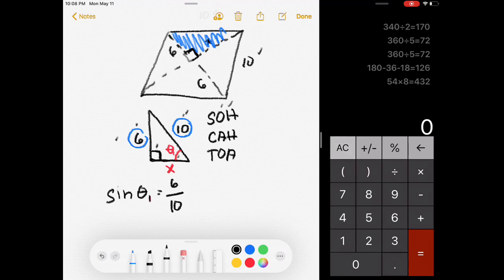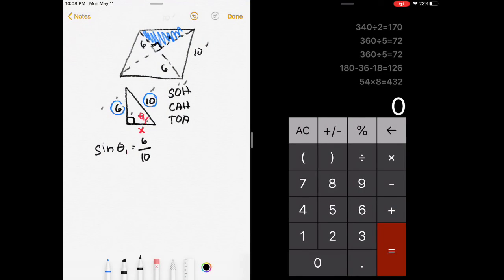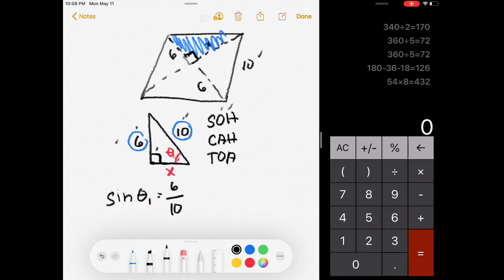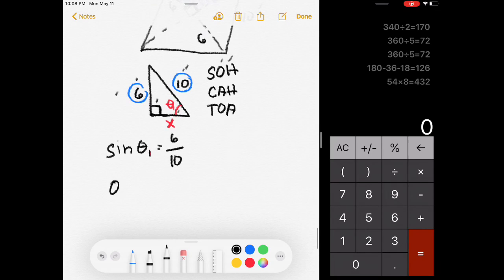So theta 1 equals arc sine of 0.6. You can calculate that yourselves. I calculated it here: theta 1 equals 36.86. Let's keep to decimal places.